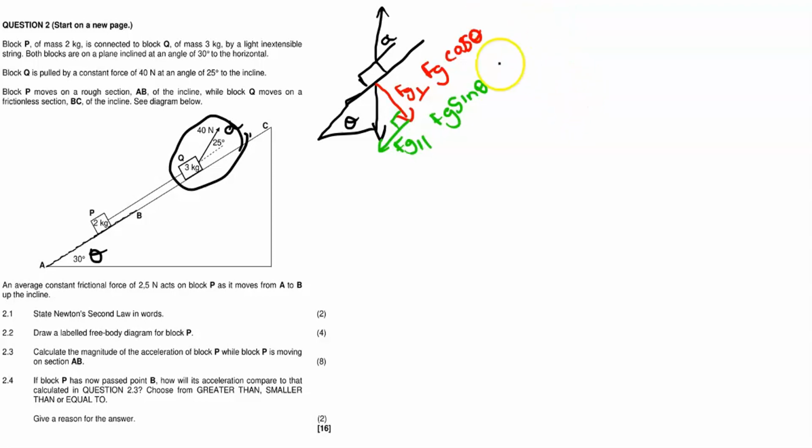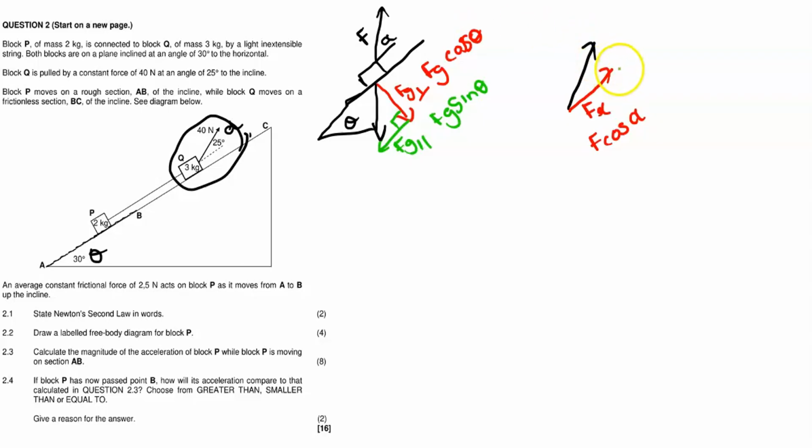And then let's go to this one now. We've got a force that is acting there, which is going to be called F. And then we take that F, we resolve it to these components. This will be Fx, which is the same as F cos alpha.